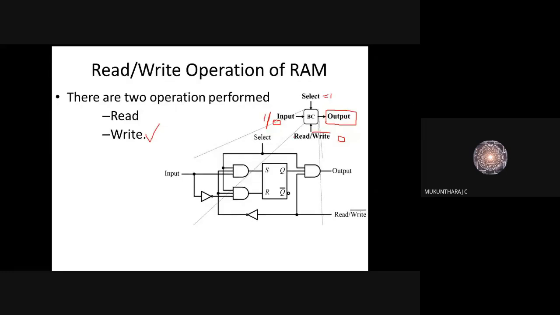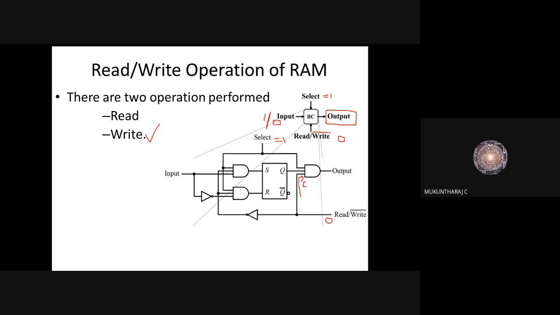Okay, so apply these control signals to this detailed circuit. Okay, so here the select line is 1, and the read write control signal is applied with logic 0. Okay, so now this read write line gives logic 0, which is applied to this output AND gate.